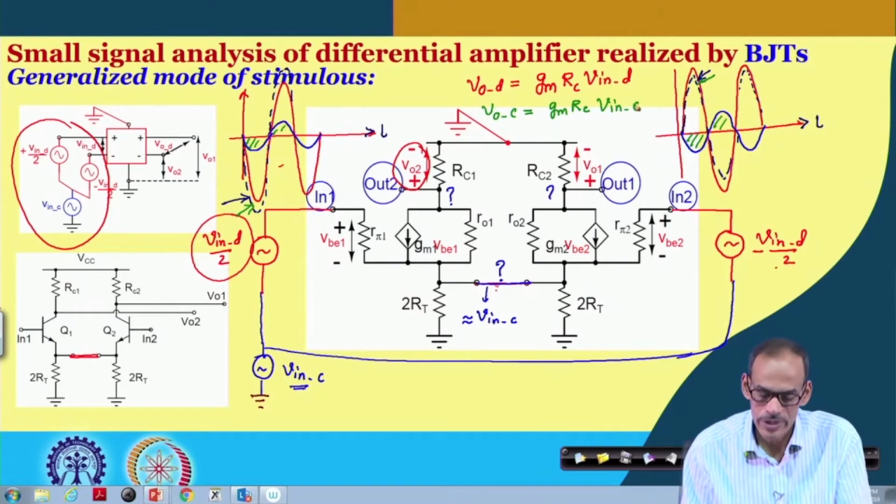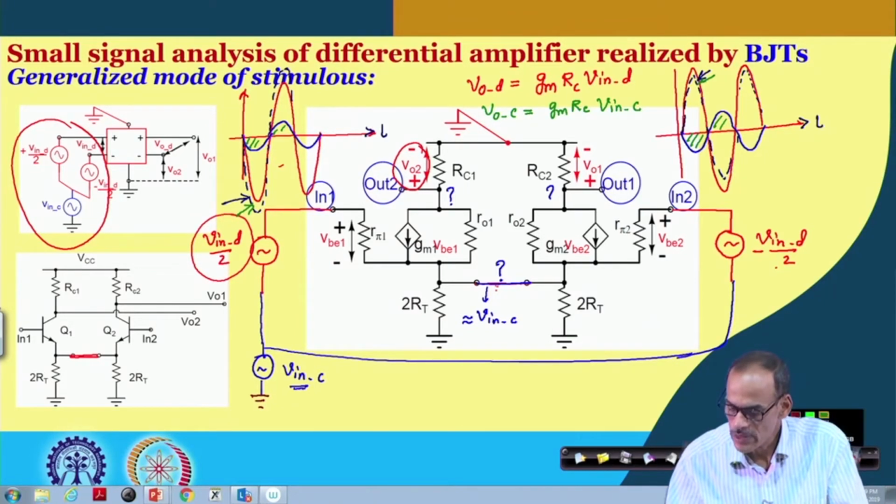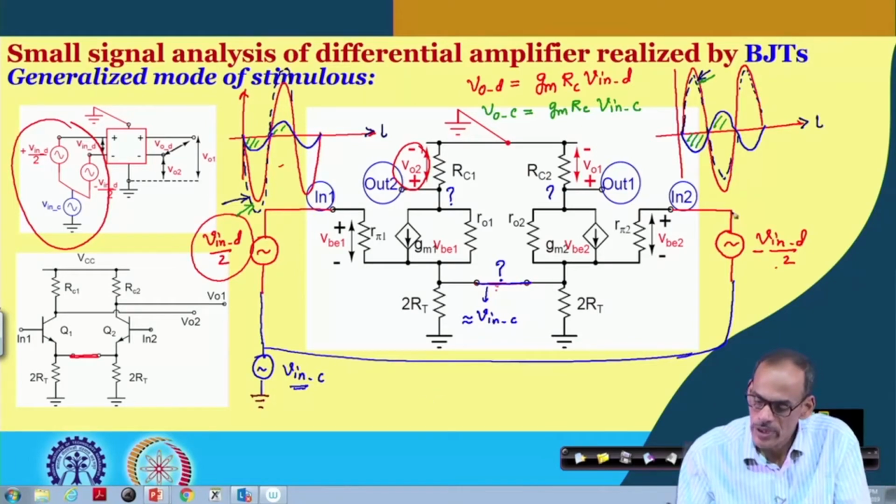So, that is how the circuit operates. Now, as a special case, consider that you would like to give a 0 signal here. That means, if I apply say V in C equals V in D by 2.